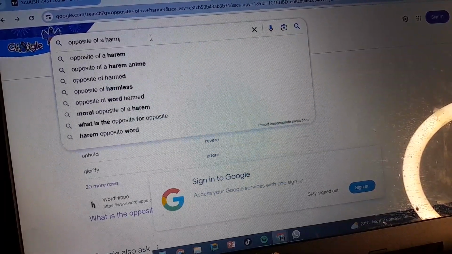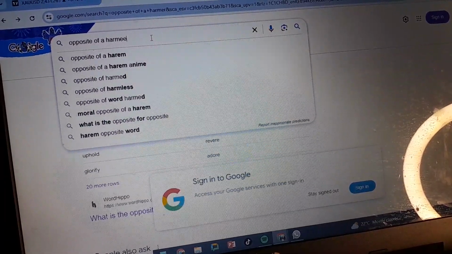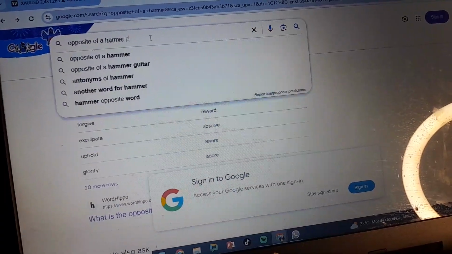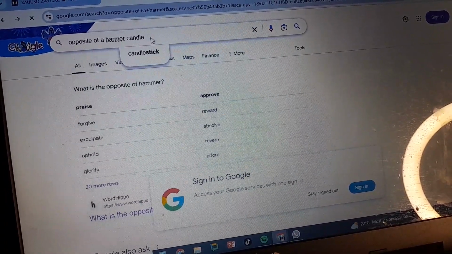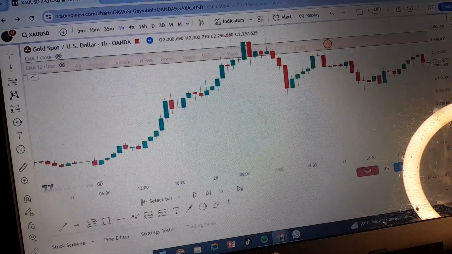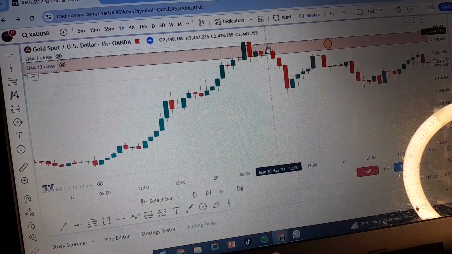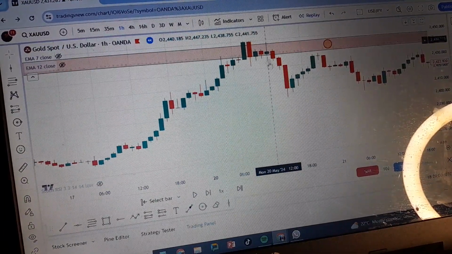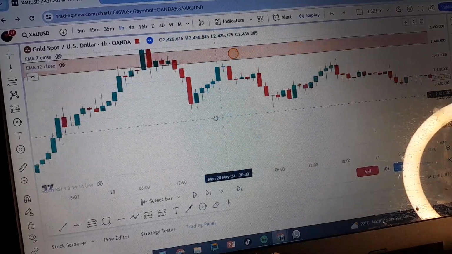That name, most of the time I tend to say hammer candle. I don't know how we call it, but a shooting star. That's what I was looking for actually. Yeah, so this is a shooting star, but it is a bullish one, as you can see.